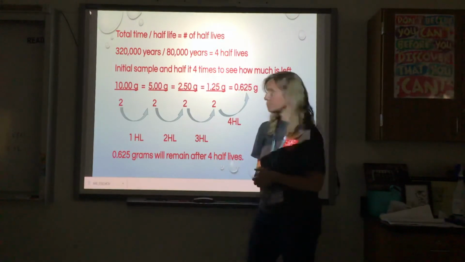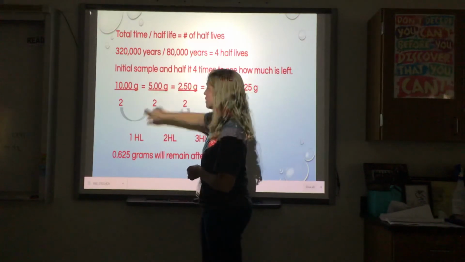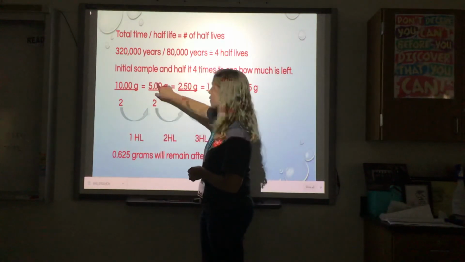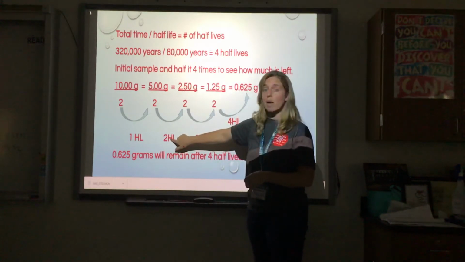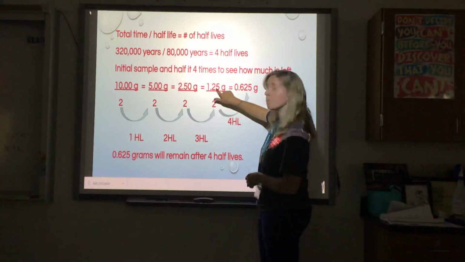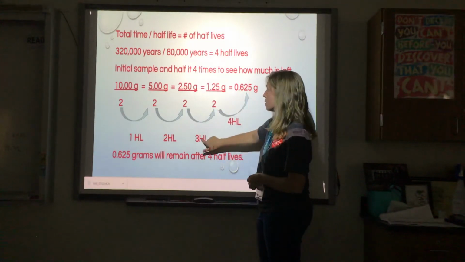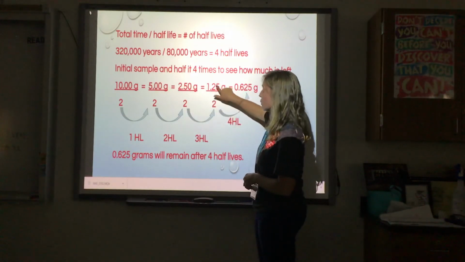So let's do it. I'm going to say 10 divided by 2 gives me 5. That's 1 half-life. Then I'm going to go 5 divided by 2 gives me 2.5. That's 2 half-lives. Then 2.5 divided by 2 gives me 1.25.